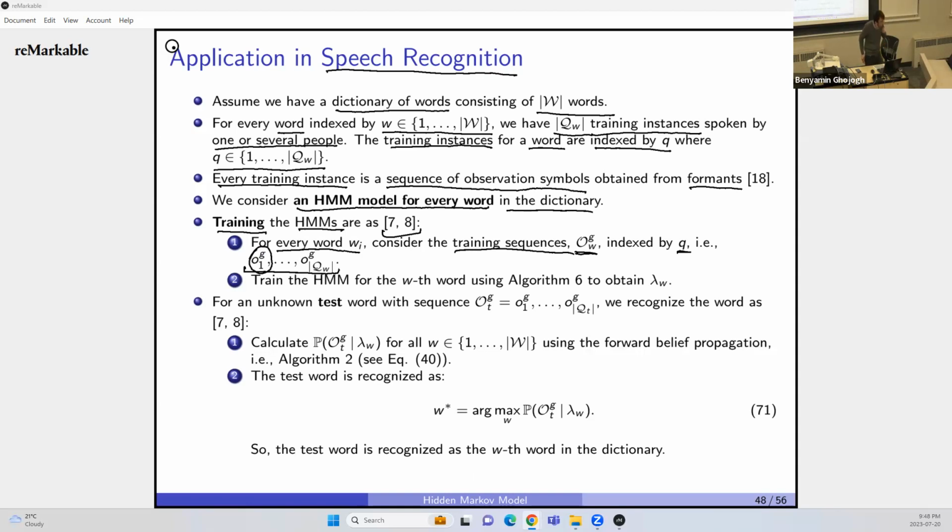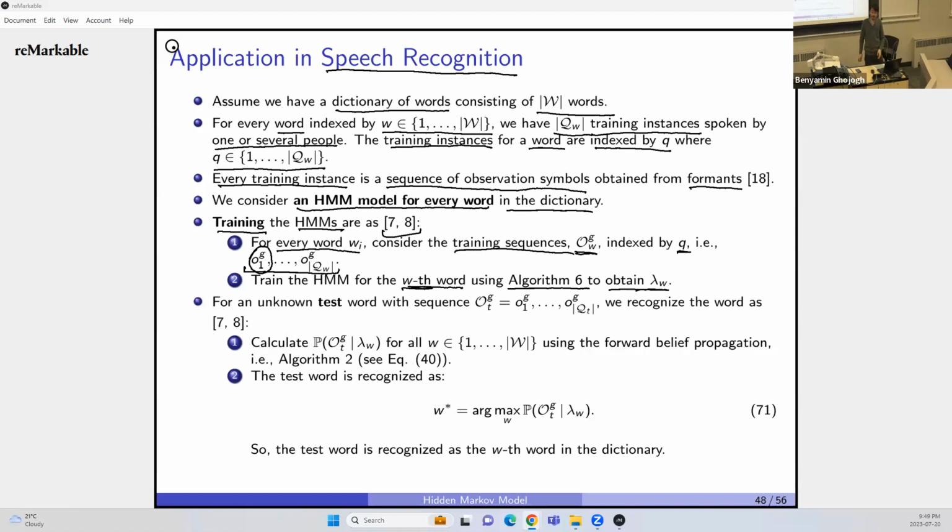It is one of the training instances that I have. For example, this is hello. O_W^2 is hello. O_W^3 is hello. O_W^4 is hello. Different hellos with different lengths, with different accents, right? So every observation here is one of these samples of speech for hello, for example. Train the hidden Markov model for the Wth word using algorithm 6 to obtain lambda_W. What is algorithm 6? The Baum-Welch algorithm for training HMM. So for every word, we train one HMM.